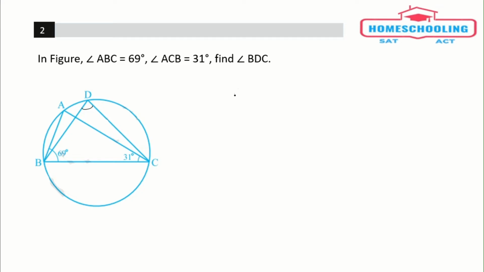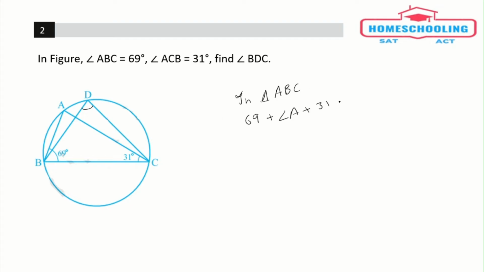As we know, the sum of angles of a triangle is 180 degrees. So in triangle ABC, angle B is 69 plus angle A, which we don't know, plus angle C, that is 31, and we are taking this triangle ABC.